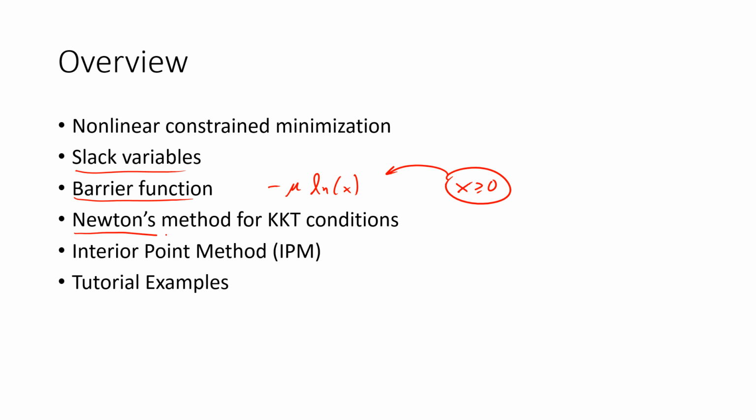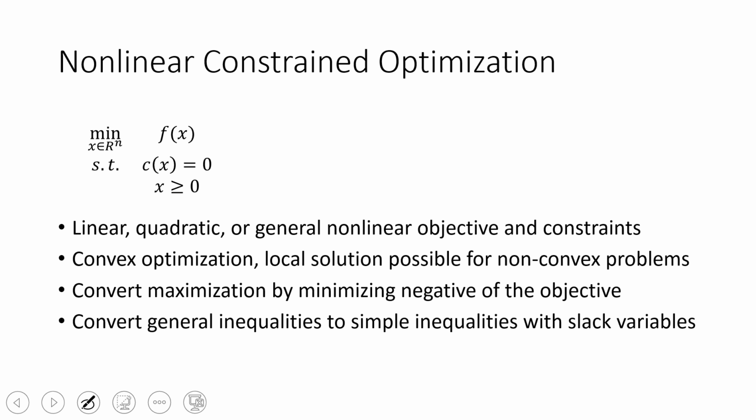We'll talk about the Newton-Raphson method for solving these KKT conditions with this barrier problem, and give a summary of the major steps in the interior point algorithm. We'll go over a couple tutorial examples as well.